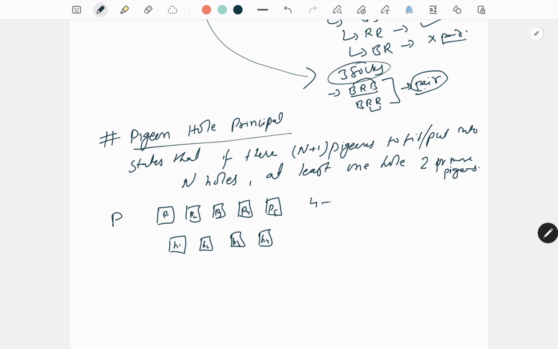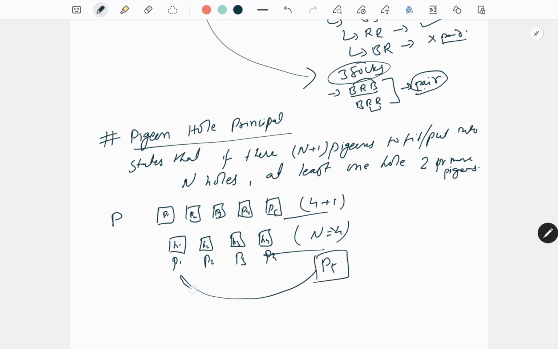So you have n plus 1 pigeons and n equal to 4 holes. Now if you start putting these pigeons into holes, you will put P1 here, P2 here, P3 here, P4 here, and you will be left with P5. Now this P5 you have to adjust in any one of the holes. Whenever you put it in any hole, that hole will have at least 2 pigeons. So this is what the pigeonhole principle says.